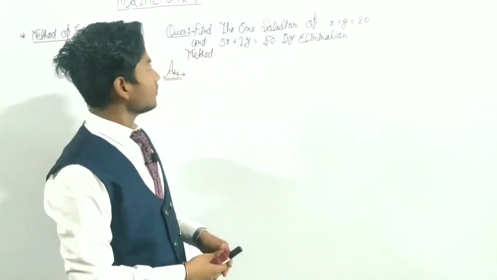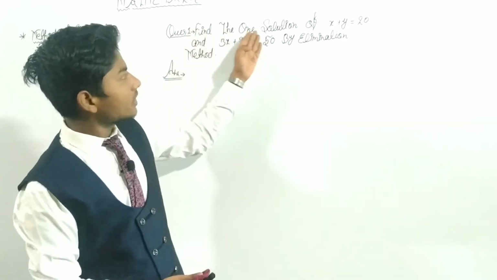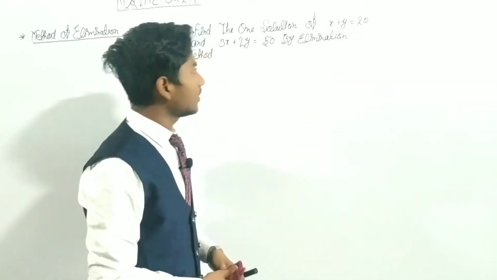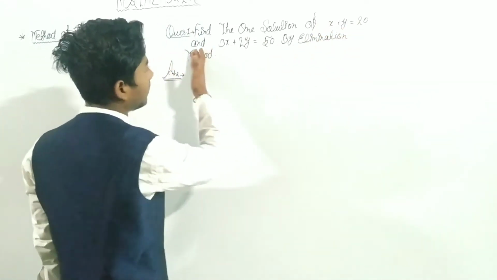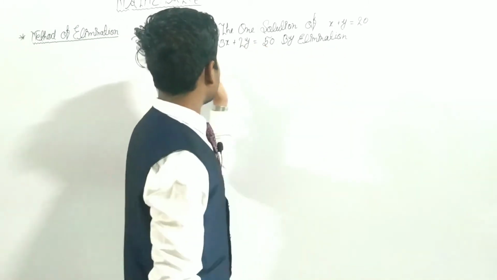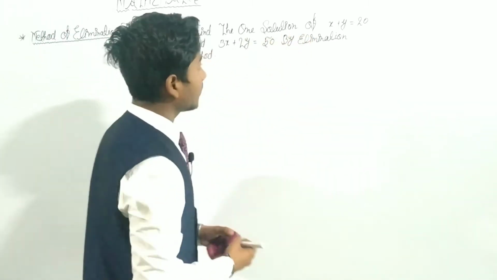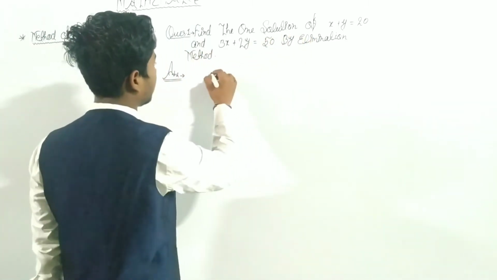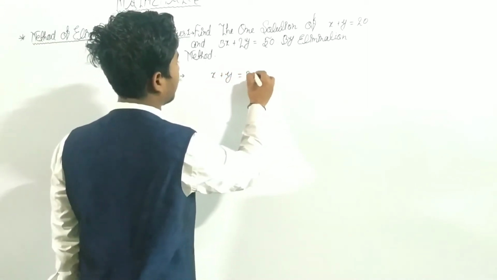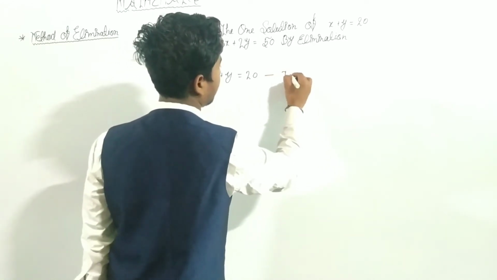The question is: find the one solution of x plus y is equal to 20 and 3x plus 2y is equal to 50 by the elimination method. We take the first equation, x plus y is equal to 20, and consider it equation 1.